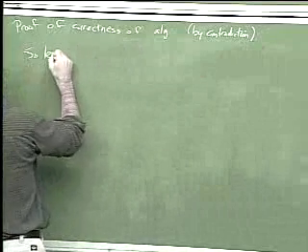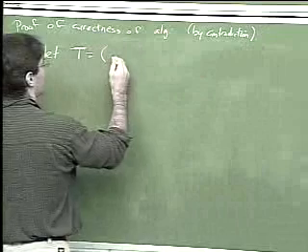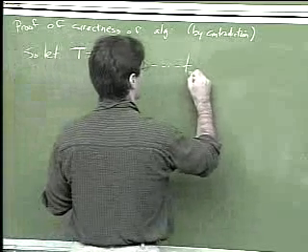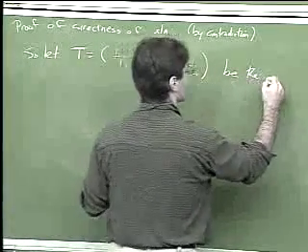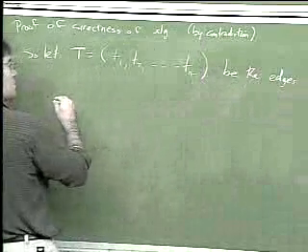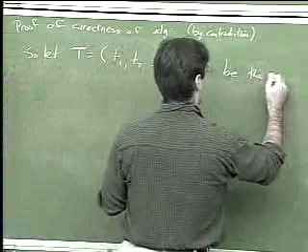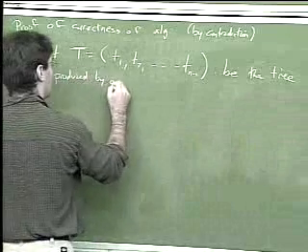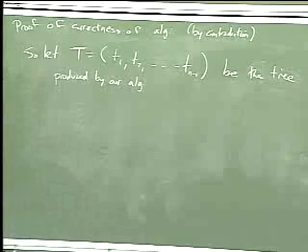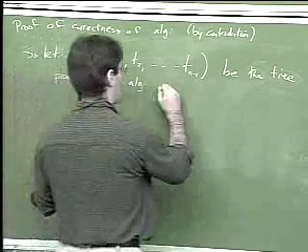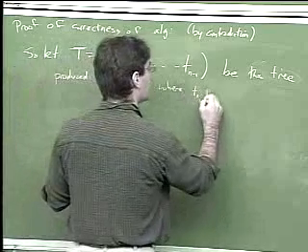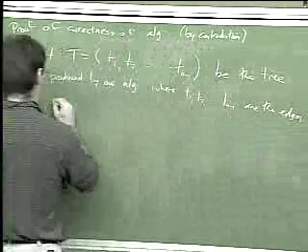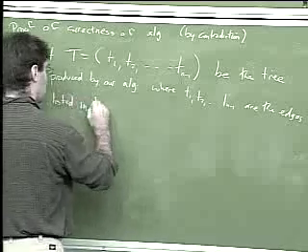So let T, which equals T1, T2, dot dot dot, T sub n minus 1, be the edges of the MST, or be the tree produced by our algorithm, where T1, T2, dot dot dot, T sub n minus 1 are the edges listed in the order they were added.